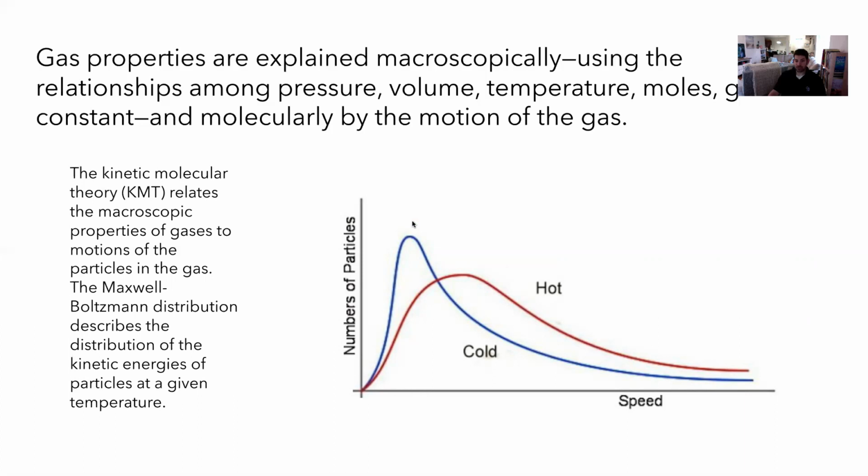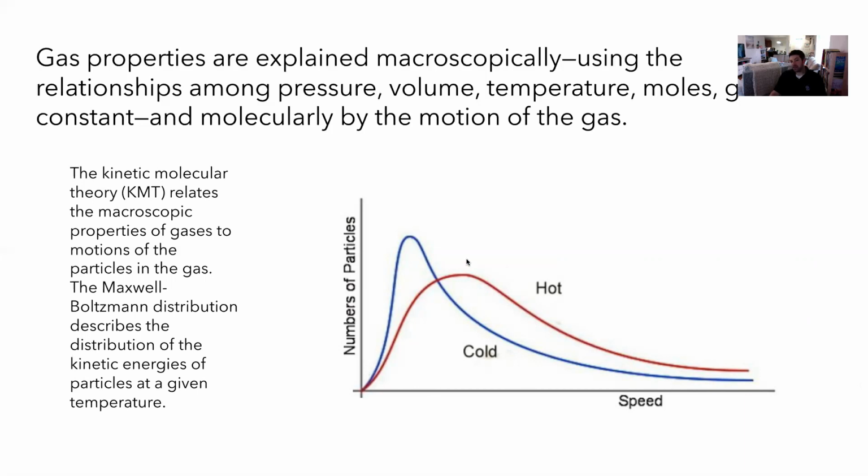And the distribution, it's going to taper off real quickly. So when we have colder gases, the average, which is going to be the height of the peak, is going to be much lower, right? The average cold gas particle has a really slow speed. Some of them do have faster, and some of them do have slower.